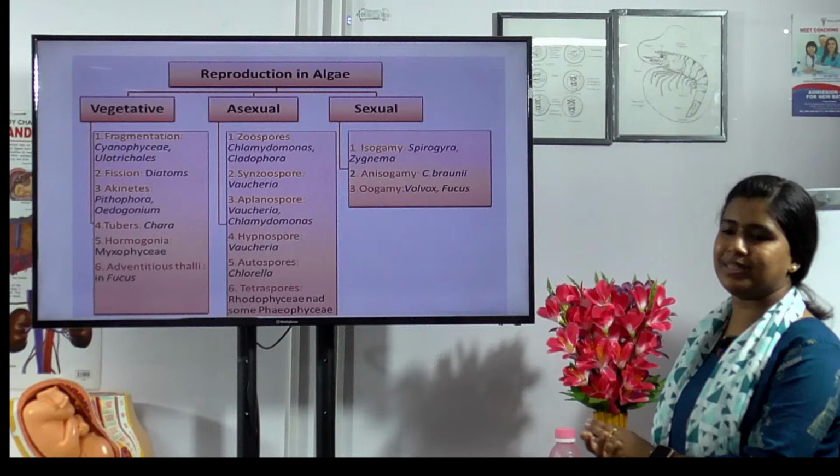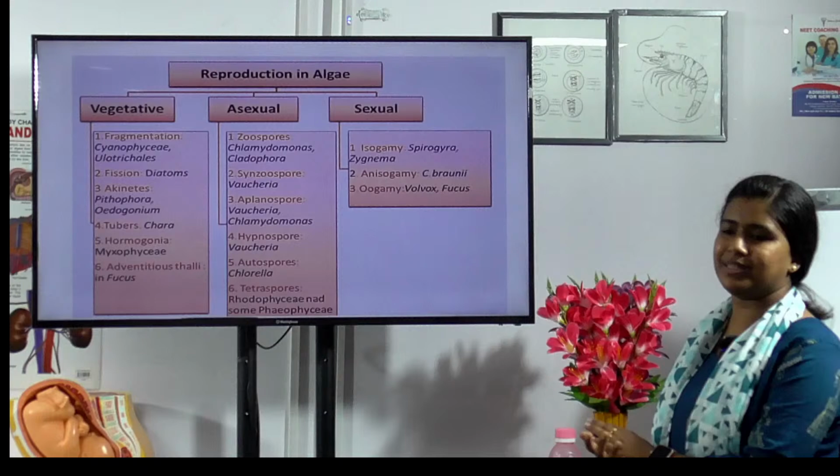Some types of pteridophytes also prevent soil erosion, and some types are also used in polishing shoes. Next class we'll see the classification of pteridophytes. It is divided into four: Psilophyta, Lycophyta, Sphenophyta, and then Pteridophyta. These are the classifications.